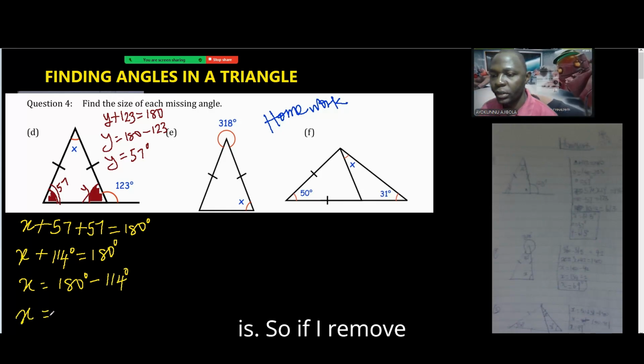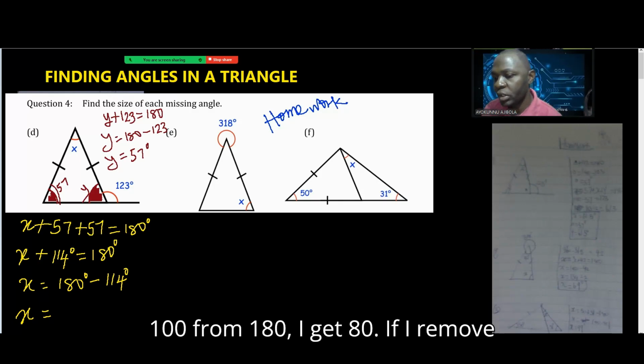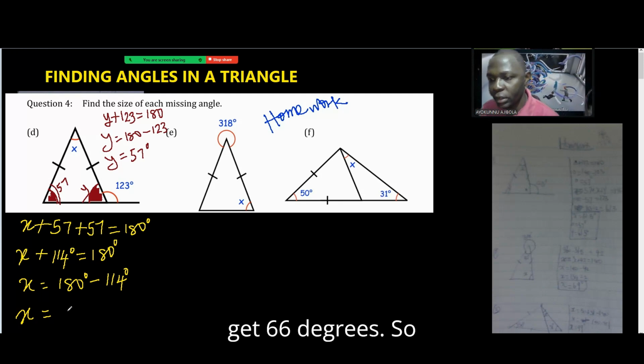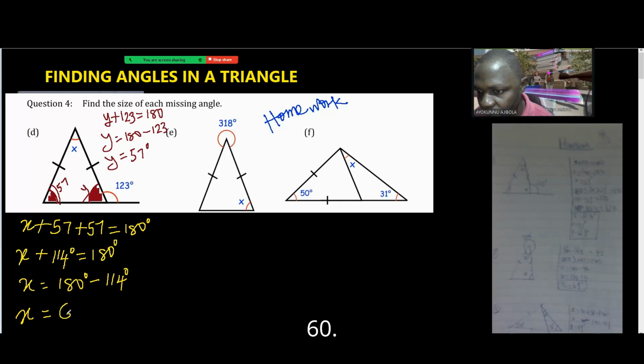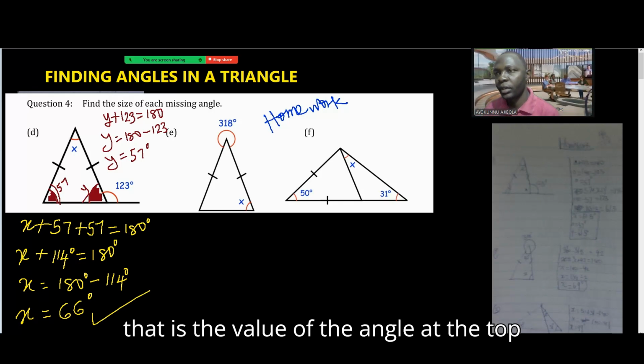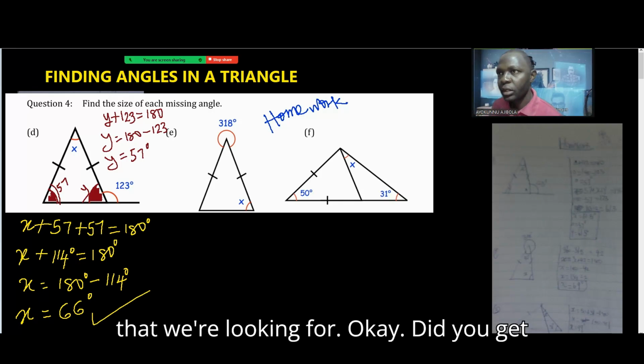If I remove 100 from 180, I get 80. If I remove 10, I get 70. If I remove 4, I get 66 degrees. So that is the value of the angle at the top that we're looking for.